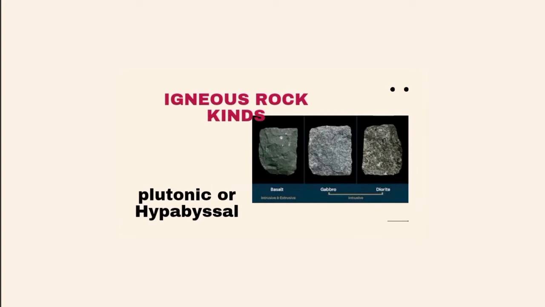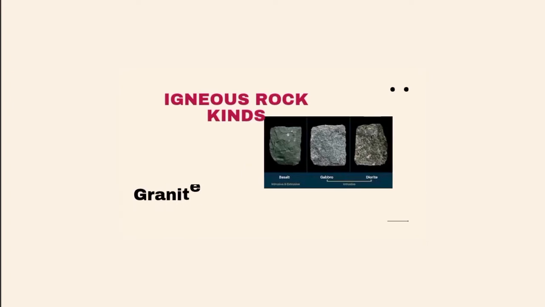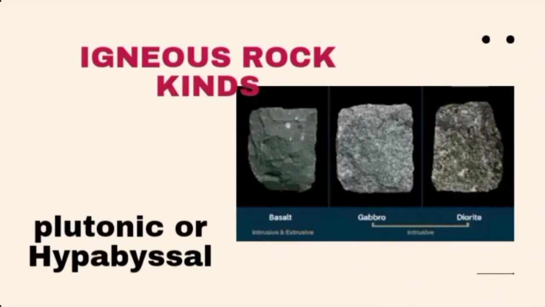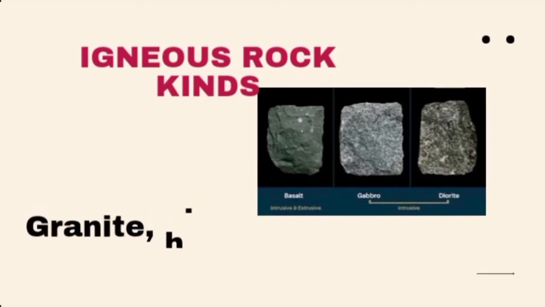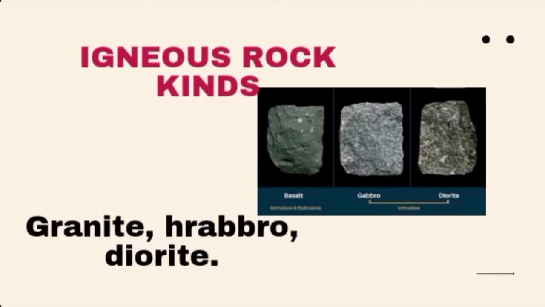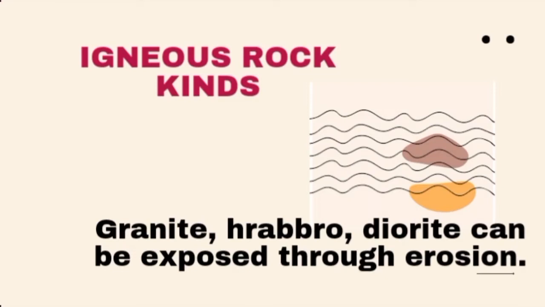The kinds of igneous rocks that we have: 1. Plutonic, which are rocks that are formed from molten magma and solidify within the bedding planes of the earth, or underneath the earth's surface, as hypabyssal rock.